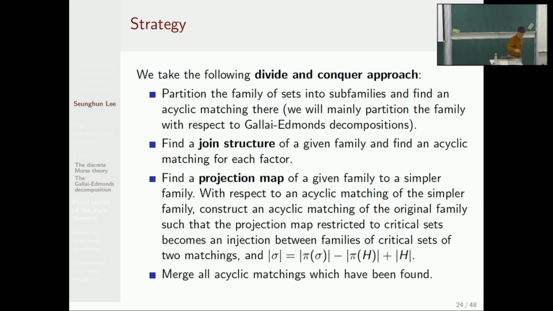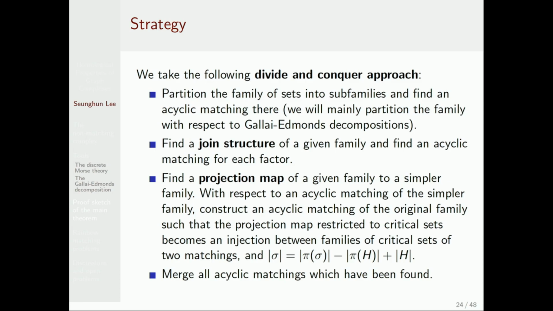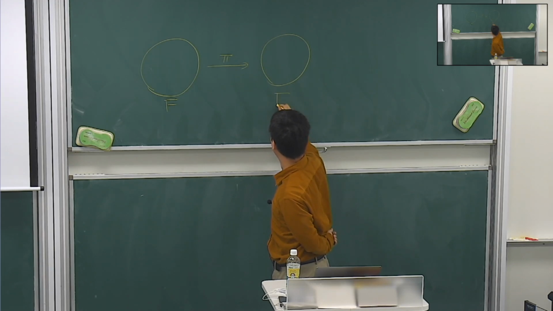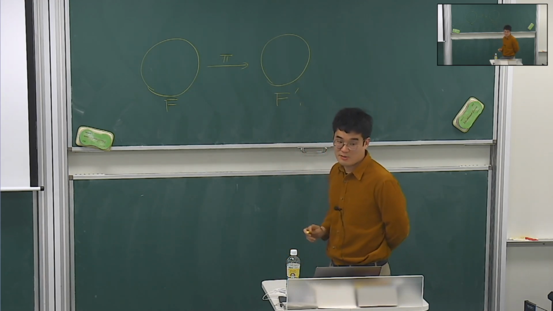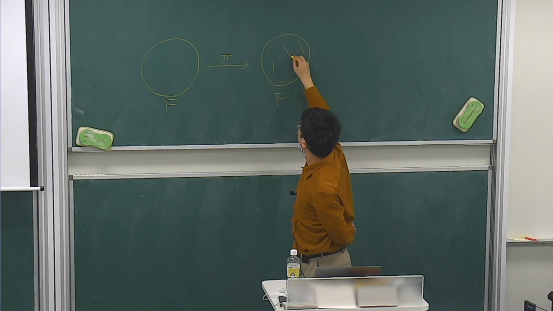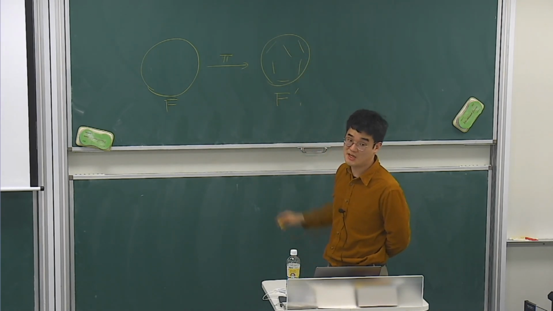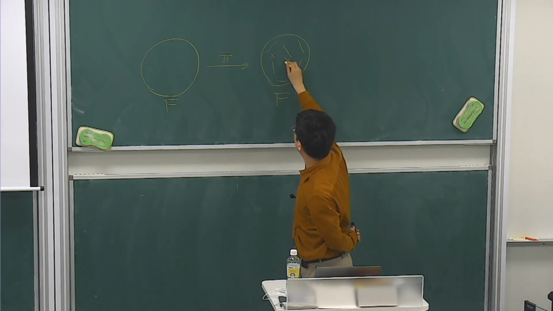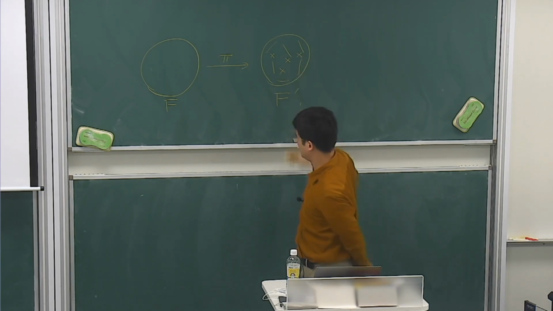So basically it says the following. This is a family F, and suppose that there is some map pi to another family F prime. Suppose that we know how to construct an acyclic matching in this image family, and there are critical sets like this.